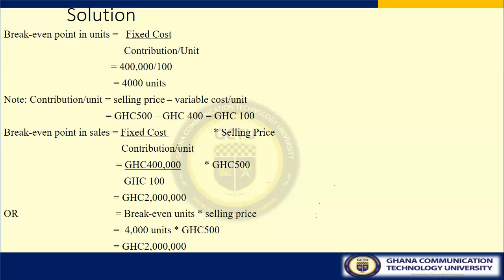Please write them down. I'm going over again. Contribution is equal to selling price minus variable cost. Break-even point in unit is equal to fixed cost divided by contribution per unit. Break-even point in sales is equal to break-even point in unit times selling price.